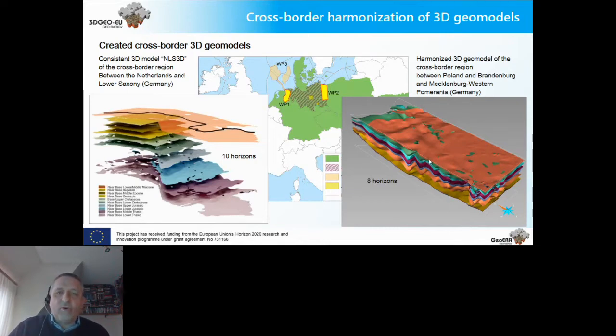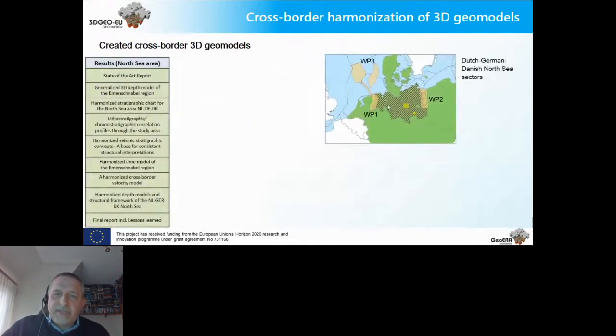Now let's go offshore to the Dutch, German, and Danish North Sea sectors, where we also had various work areas. For this region, I've just included here an overview of the results. And all these results, these are reports and digital data, just reflect the various work steps that are necessary to finally achieve a harmonized depth model in a cross-border region.